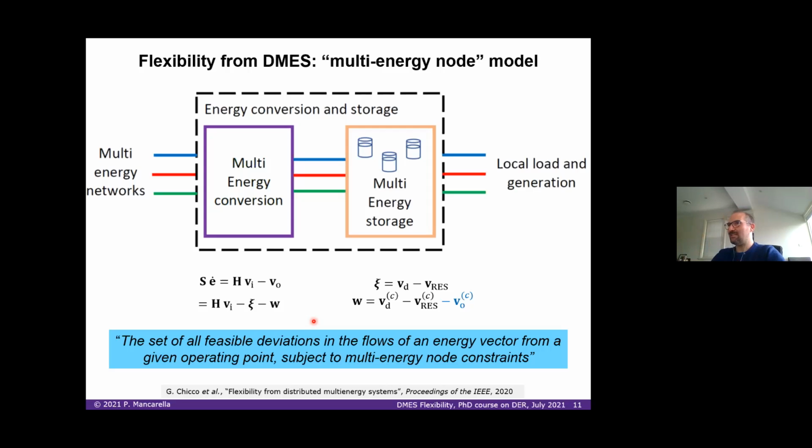Because now you understand that you have lots of different forms of coupling here, and you are interested in modulating, for example, if we assume that blue is the electricity system.